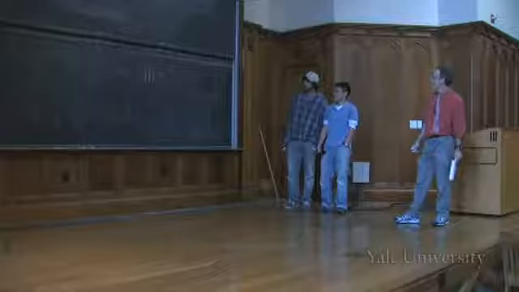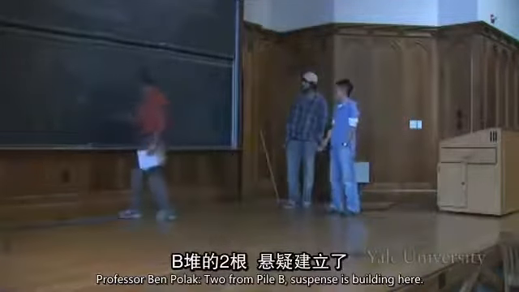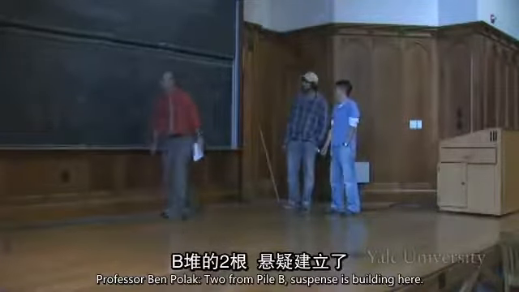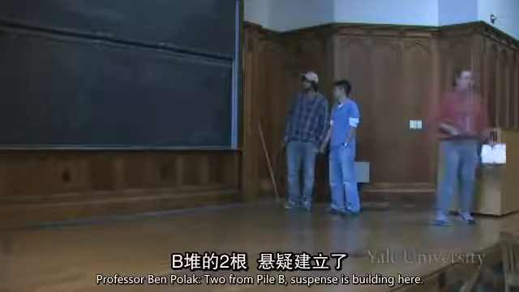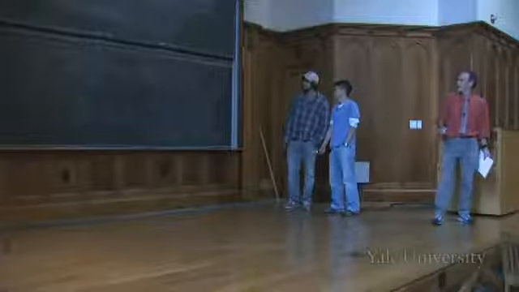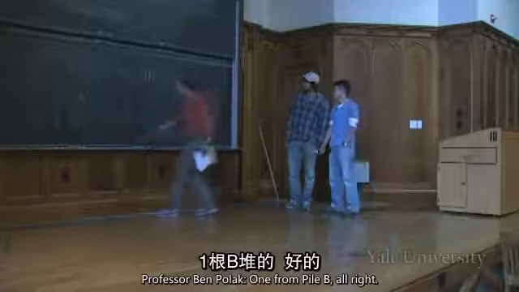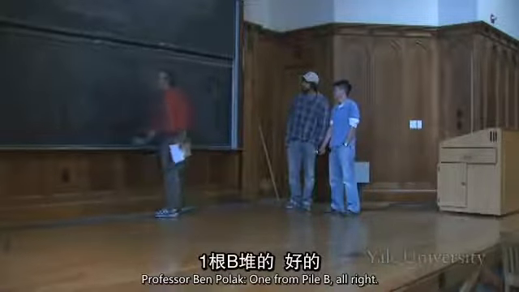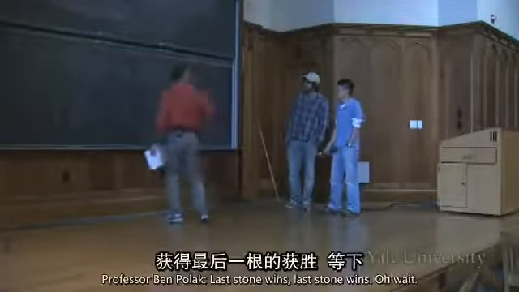2 from pile B. 2 from pile B. Suspense is building here. One from pile B. 1 from pile B, all right. Should go fast at this stage, go on. 2 from pile A. Wait, last stone wins.